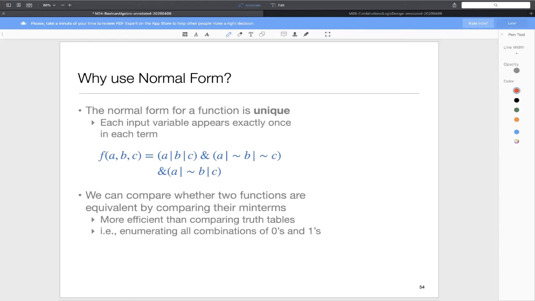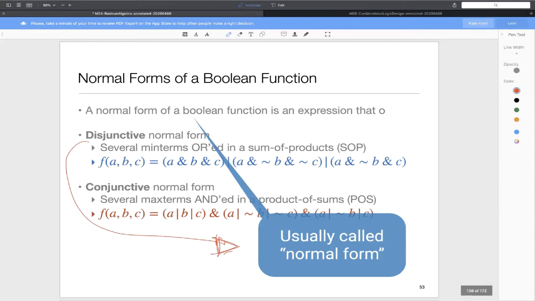Professor, could you repeat the definition for normal form one more time? Sure. So there are two normal forms. Disjunctive normal form basically says write down the function as an ORing of a bunch of minterms. I just meant the thing in the slides that you're going to change.